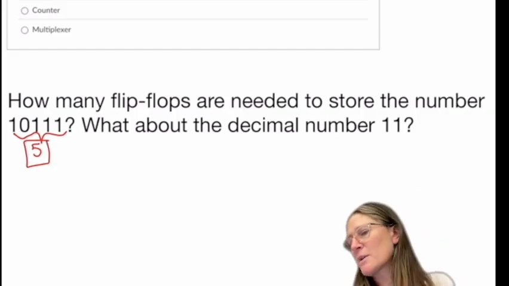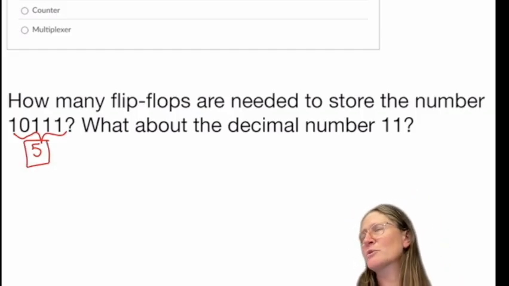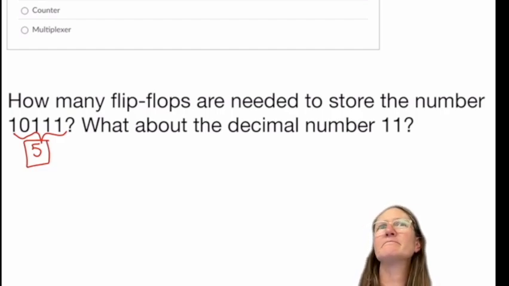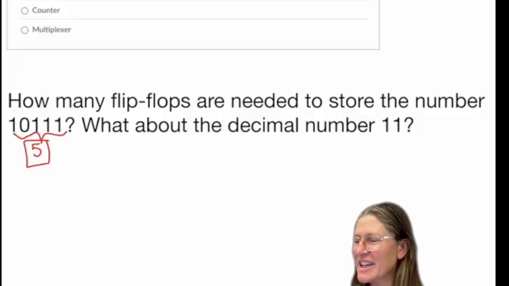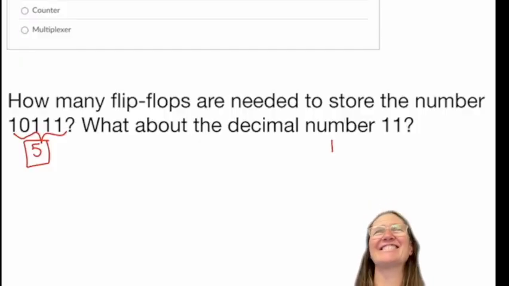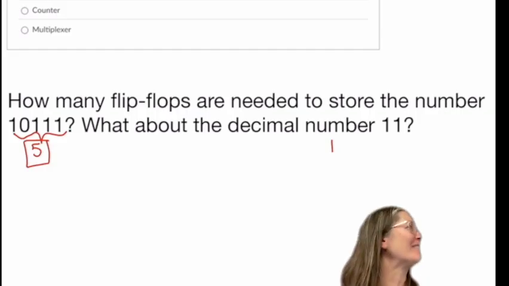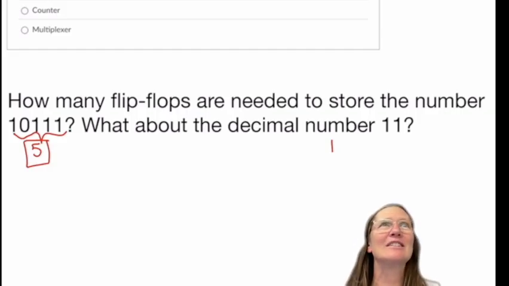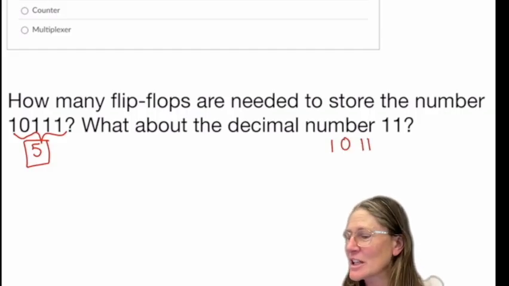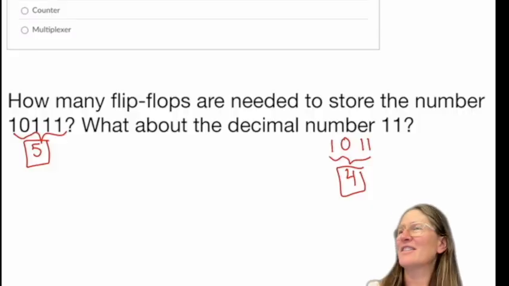How many flip-flops would we need to store the decimal number 11? 4? Yeah, sorry, I didn't notice that, but yes, decimal number 11. So what is the decimal number 11? 1011. Okay, so we need 4.